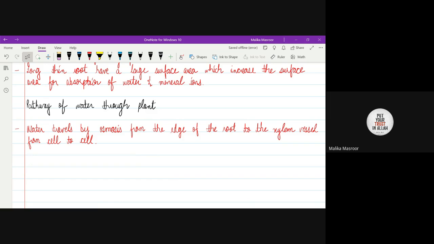All right. So some of it seeps through the spaces between the cells or through cell walls.